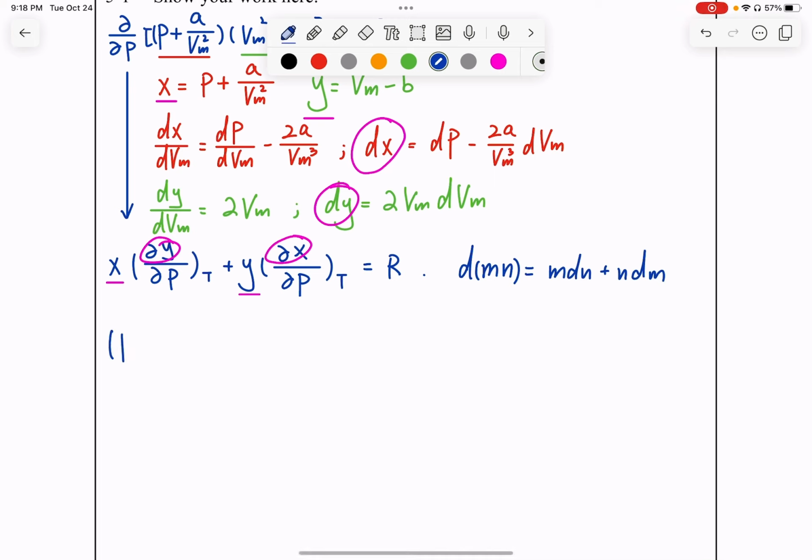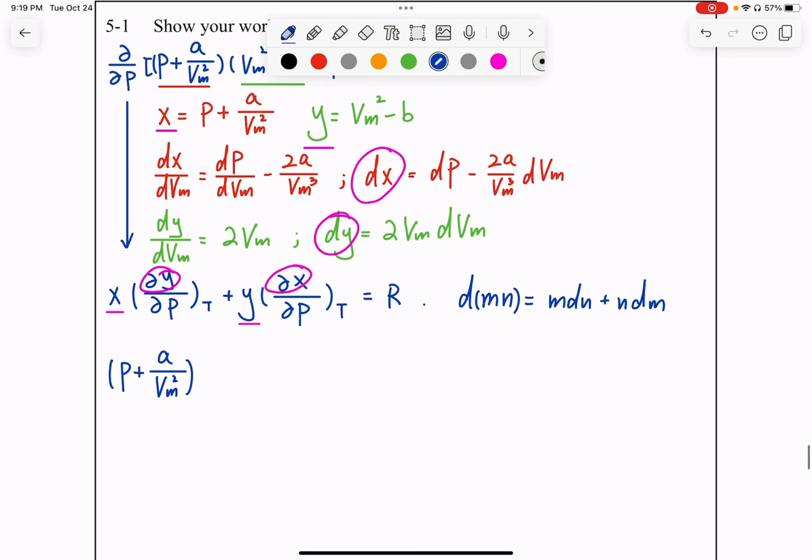So x equals P plus a over Vm squared, times the partial derivative of Vm, or in this case dy, over P at constant T, plus y, we're just plugging in y, Vm minus b, and this x term here.